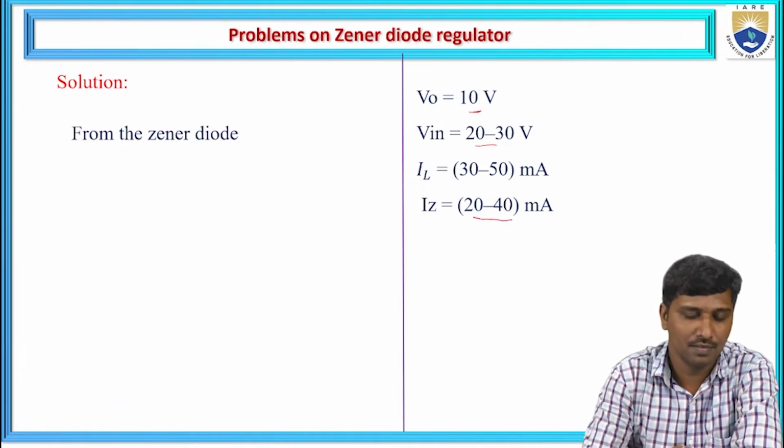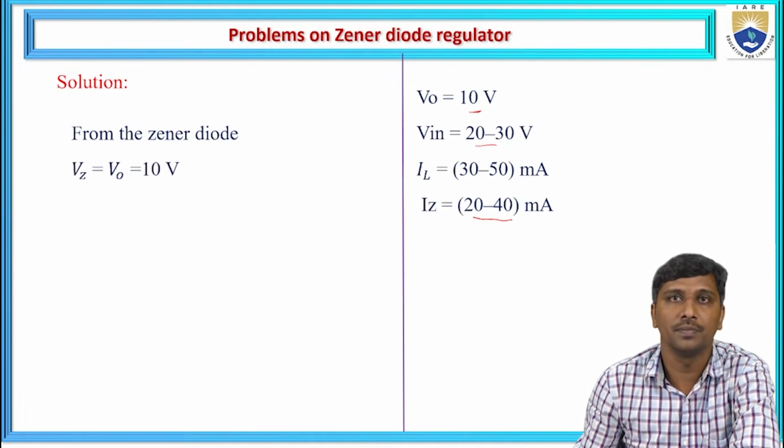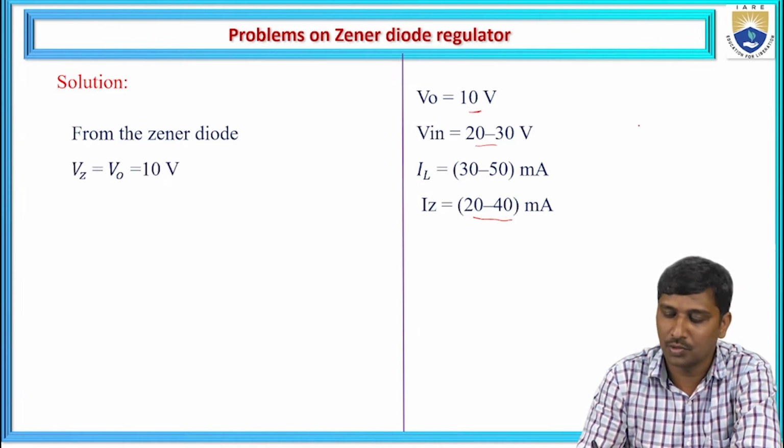First, for the Zener shunt regulator, I am going to draw it. Let us say this is the resistance R, and we apply a Zener diode.